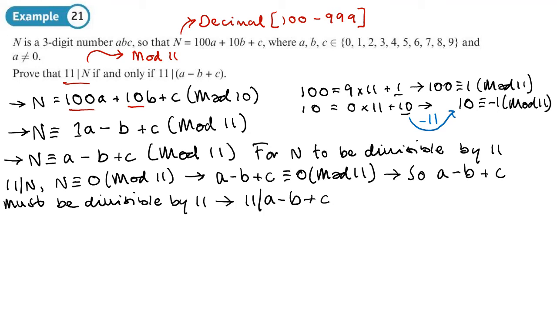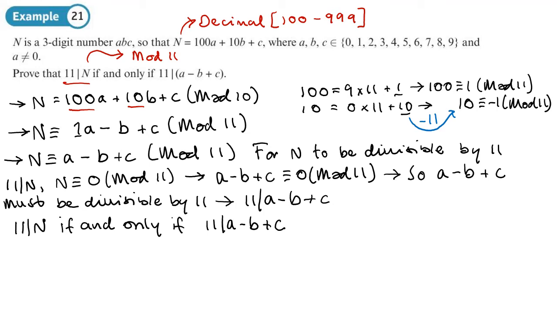So we can complete our proof by saying that 11 divides n, which is the statement we've got here, if and only if, we'll just use the wording that's there, 11 divides a minus b plus c. Now remember, if we've got one of these if and only if statements, we need to show that it's true the other way. Now we've already proved it one way, so we don't need to prove it the other way.